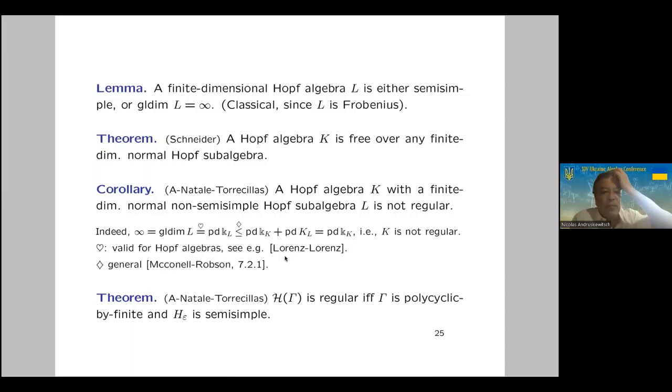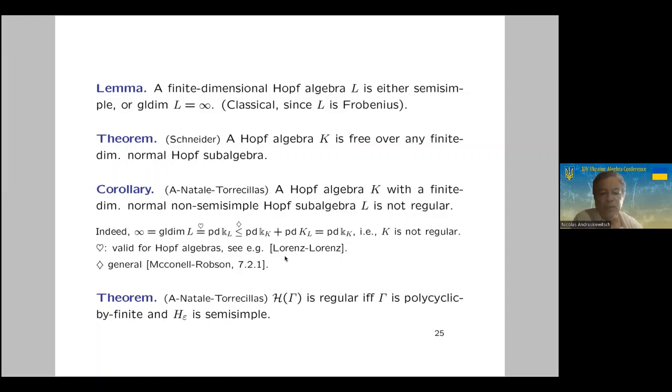Schneider proved some time ago that a Hopf algebra is free over any finite dimensional normal Hopf subalgebra. And from this theorem of Schneider and the previous lemma, it follows at once that a Hopf algebra K with a finite dimensional normal non-semi-simple Hopf subalgebra could not be regular.